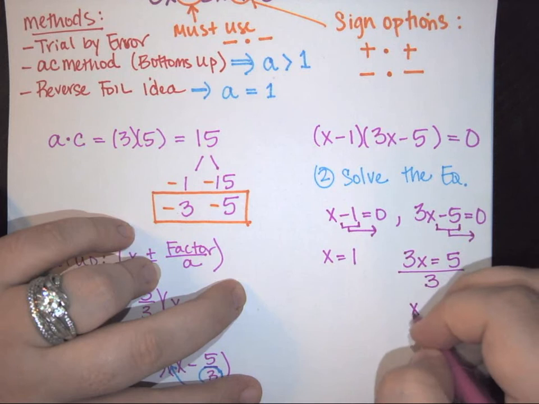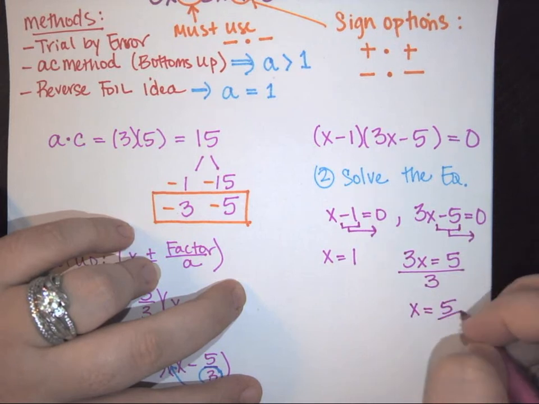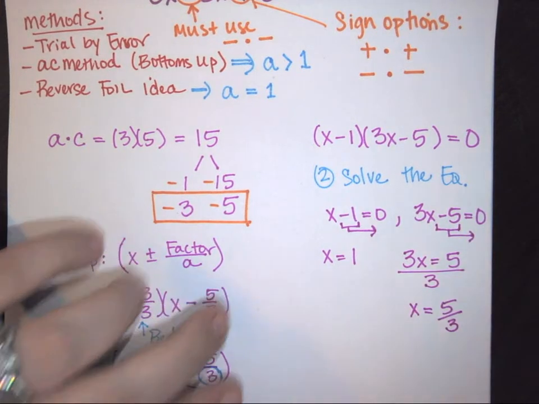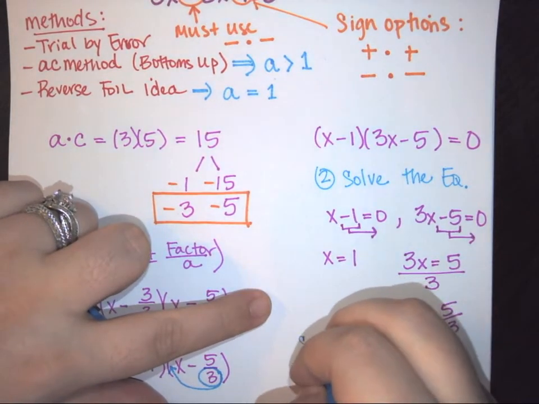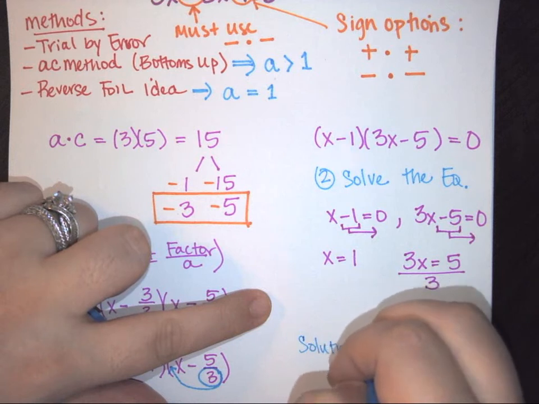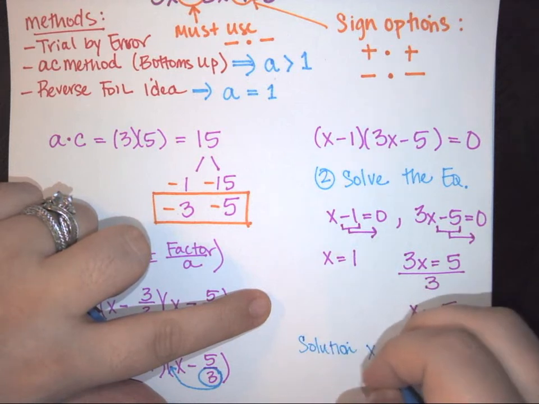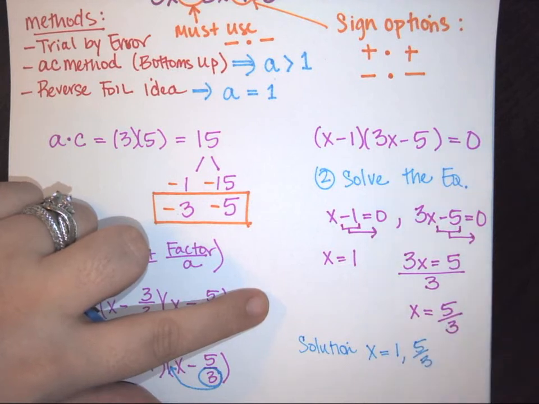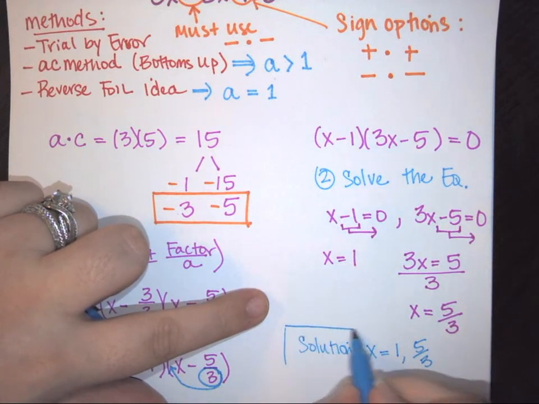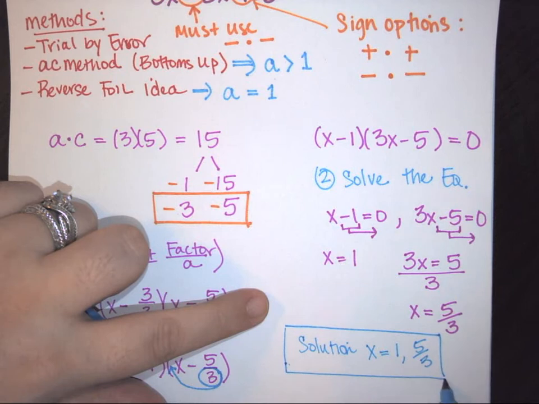So we get that x equals 5/3. So if we were to actually write out or look at our solution here, your solution would be that x equals 1 and 5/3. And this was what we were looking for.